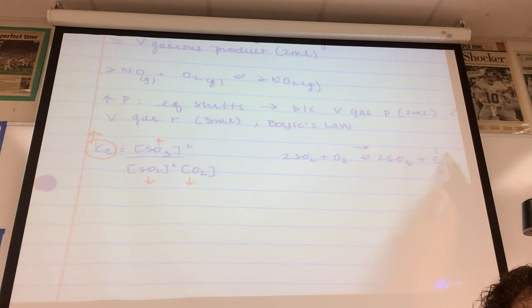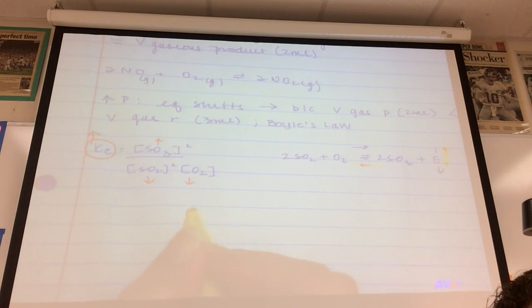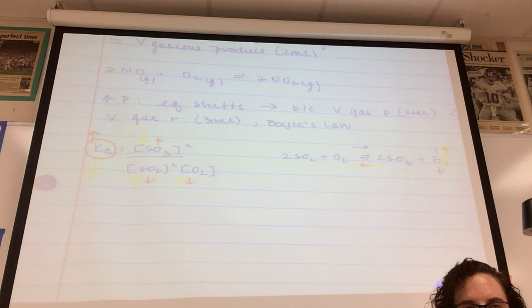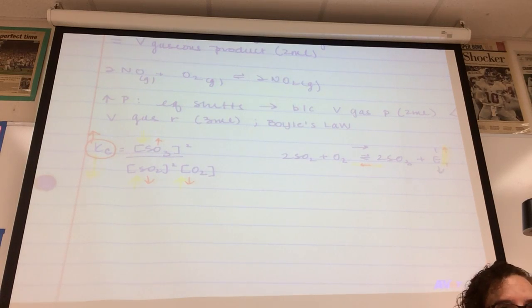If, on the other hand, we increase temperature, equilibrium would shift to the left. And now, if equilibrium shifts to the left, what happens to reactant concentration? Increase. And product? Decrease. And Kc? Decrease. And that's how you interpret your Kc change.